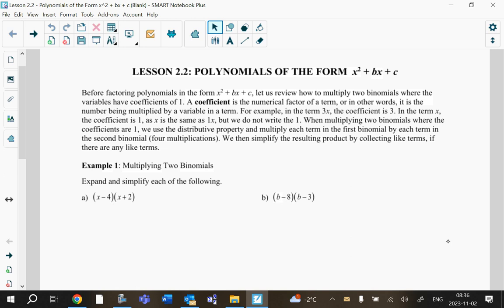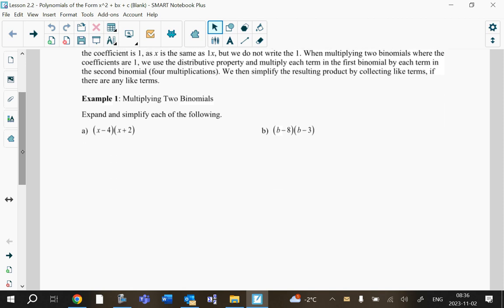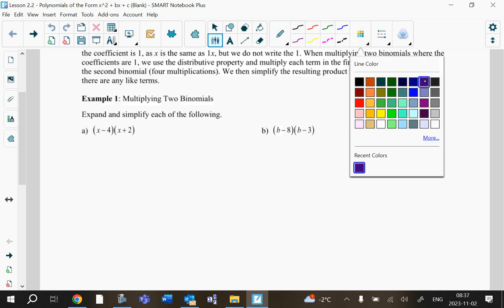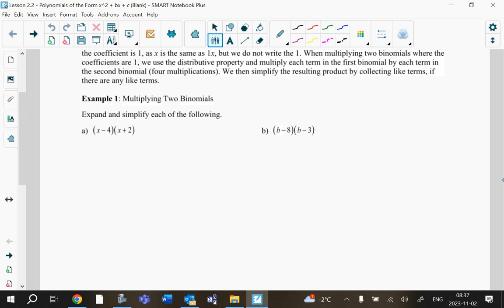Before we do the actual factoring, let's do some multiplying, which we did last year. Okay? How do you multiply a binomial by a binomial? How many multiplications are you going to do? 4, right? You're going to take every term in the first binomial and multiply it by every term in the second.